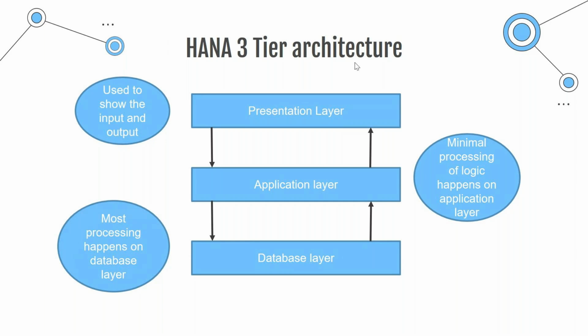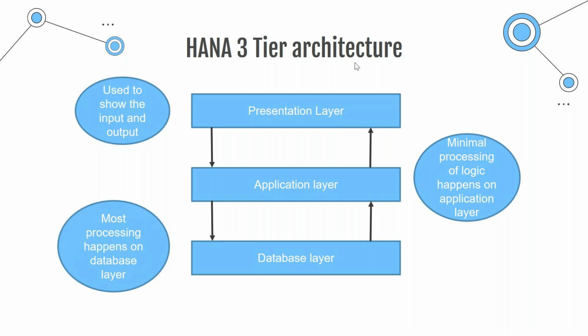In S4 systems, HANA is called S4 system. S4 HANA, we call it S4 HANA. On S4 systems, you can put more load on database. It can handle more load, and we can write minimal processing with minimal logic on application layer.